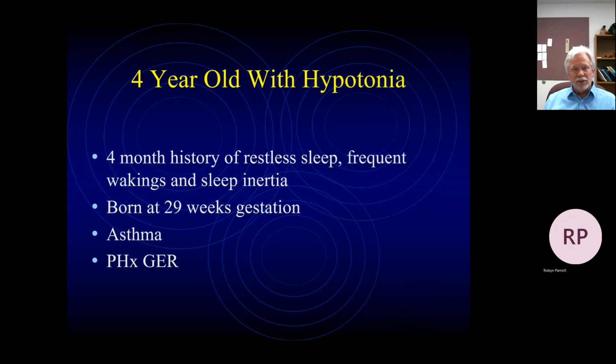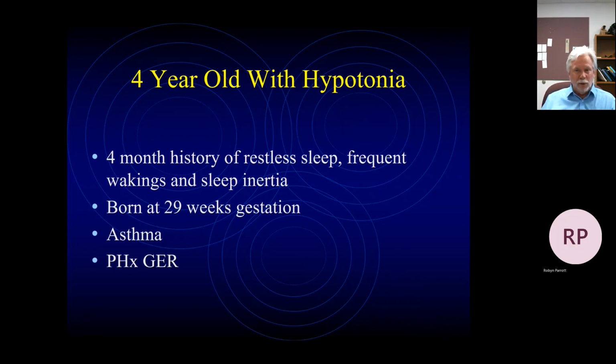So here's the last case. This is a 4-year-old with an inborn error of metabolism, severe hypotonia, very restless sleep, frequent waking, and difficulty in transitioning from sleep to wakefulness.